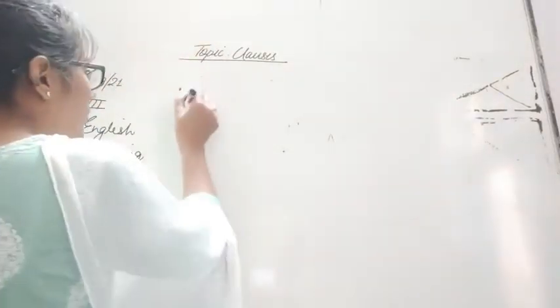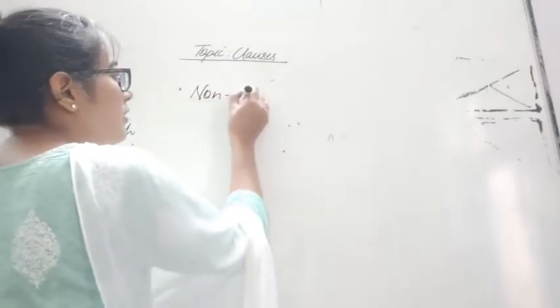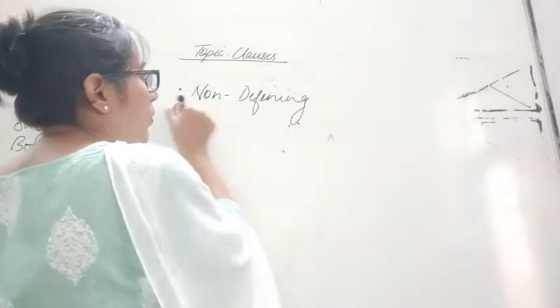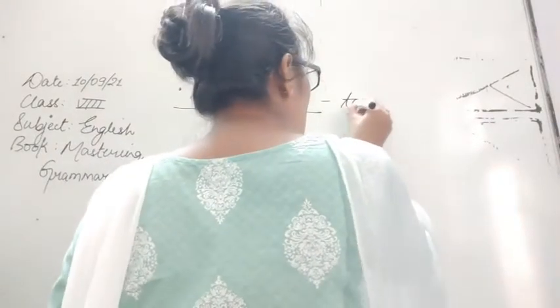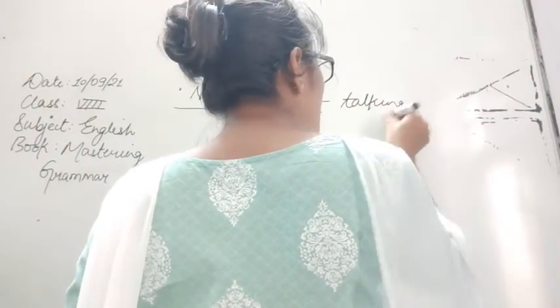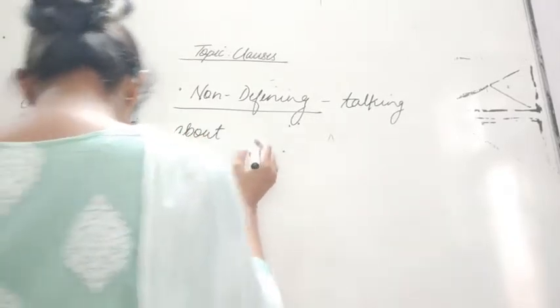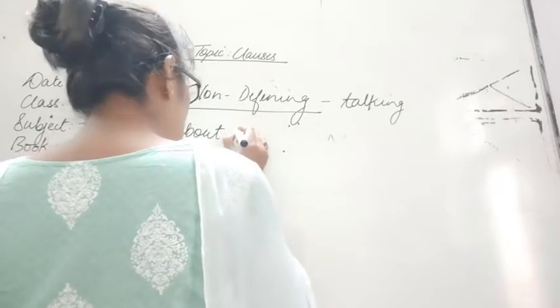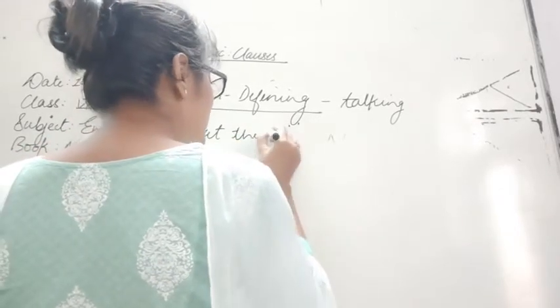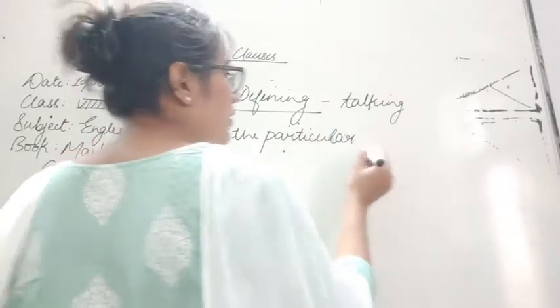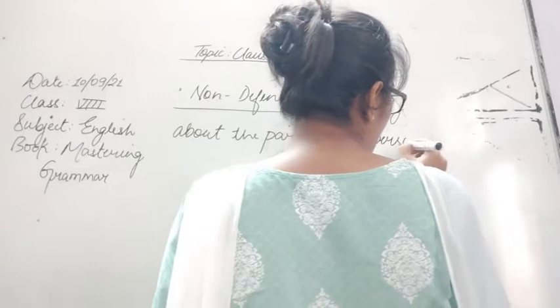Okay, so non-defining clause. What happens here? We are talking about a particular person or thing.